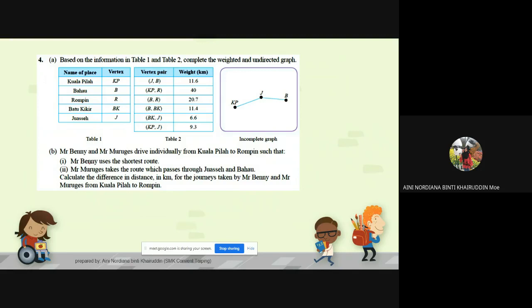Mr. Benny uses the shortest route. Mr. Murugas takes the route which passes through Juasseh and Bahau. Calculate the difference in distance in kilometer for the journeys taken by Mr. Benny and Mr. Murugas from Kuala Pilah to Rompin.